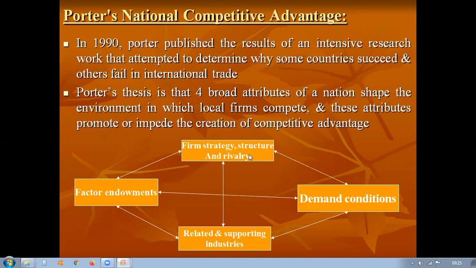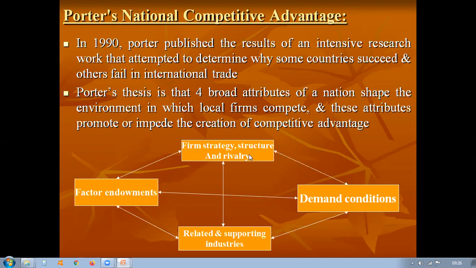The intense competition among Japanese automobile manufacturers and electronic goods manufacturers led to their success in international markets. The same theory holds good in the case of Indian garment manufacturers and US personal computer manufacturers. See, garment products and textiles gave advantage to India.